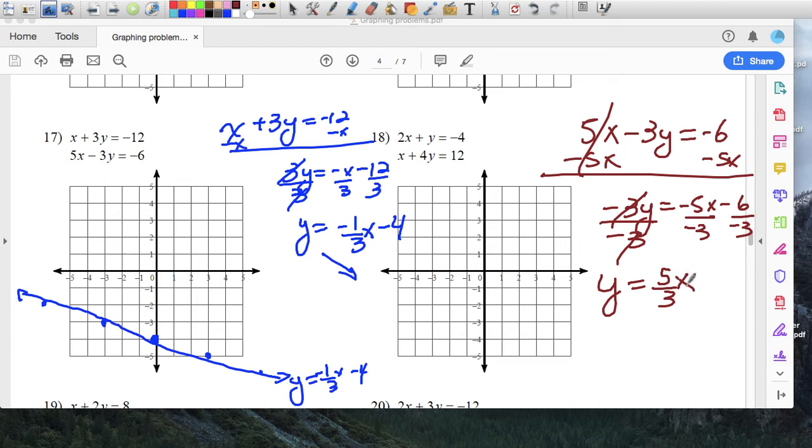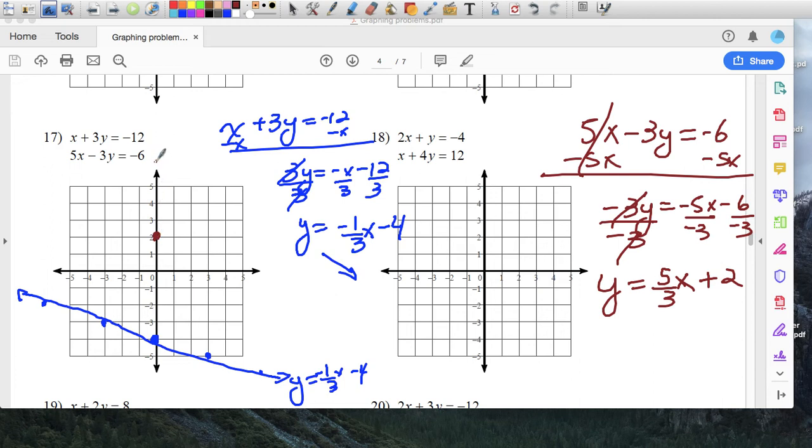So the y-intercept is negative 4 right here. My slope is also negative, which means going down. So the change in y is negative, so it's 2 down, 3 to the right. I'm going to extend, so it's going 2 down, 3 to the right, so I'm going to be here. I want to drop the points on the other side. I'm not going to go 2 down, I'm going to go 2 up and 3 to the left, just backwards. And that looks like my line, and that's my line y equals negative 2 thirds x minus 4.